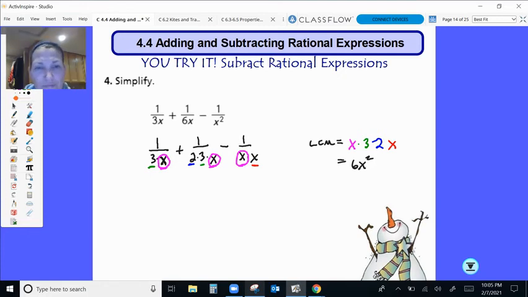And so what I need to do is, in order to get a 6x squared here, I need to multiply the top and bottom by a 2 and an x, because I already have a 3 and an x, right? And so since I already have this guy and this guy, I need to multiply by what's missing here, the 2 and the x. So I'm missing the 2 and I'm missing the x. Okay, so I need to multiply top and bottom by 2 and x.